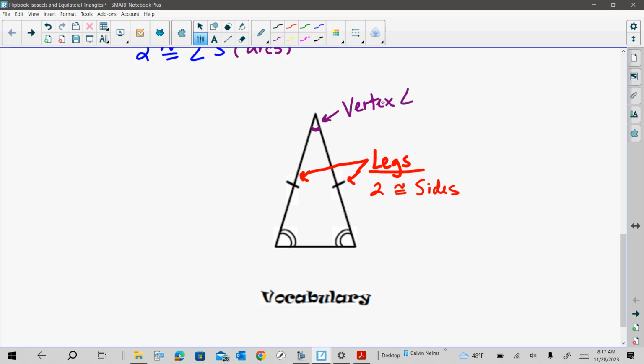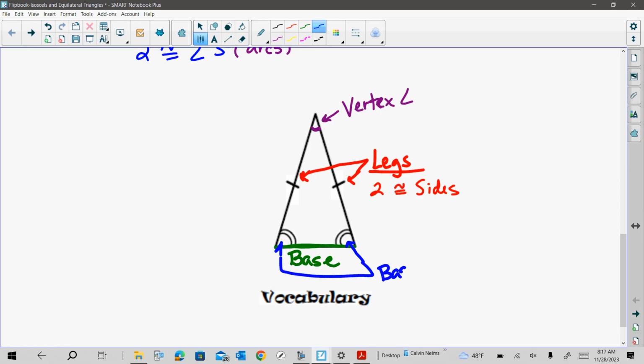So the vertex angle is formed by the legs, and then across from the vertex angle, so like if I look across down here, this is what we call the base of the isosceles triangle.